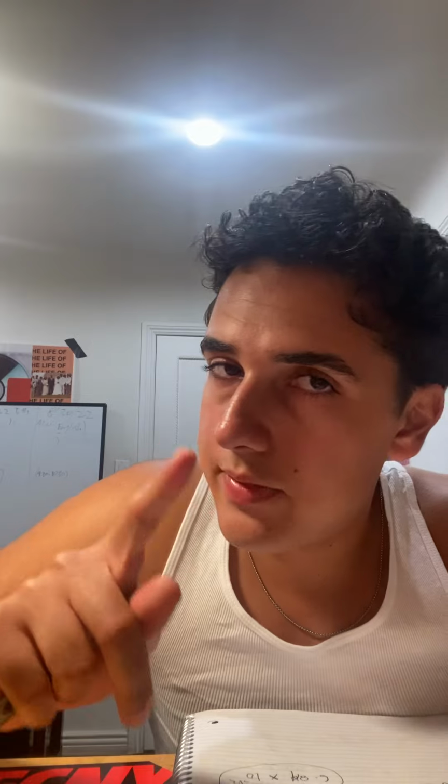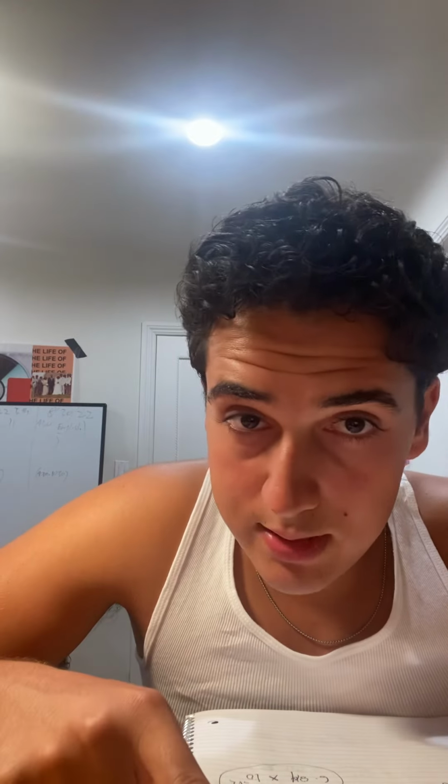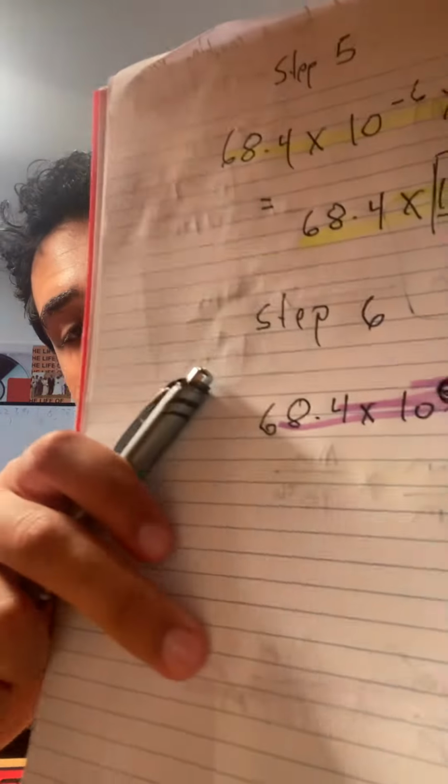But that's not scientific notation. If we want to make scientific notation, we have to take the 68.4 and move the decimal point one place. So we do 6.84 instead of 68.4. We do 6.84 times 10 to the negative 11.